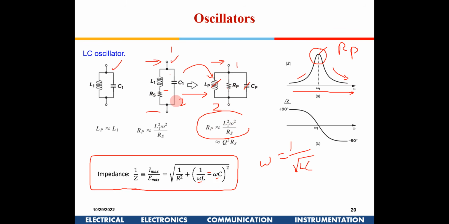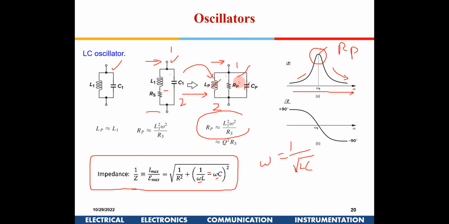Is it okay? Sir, how do we find this RP? Yeah, you can do a simple derivation of it. You find the impedance of this, you write an impedance equation of this, and then write an equivalent impedance of this.